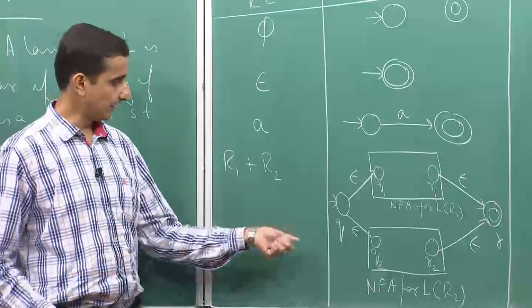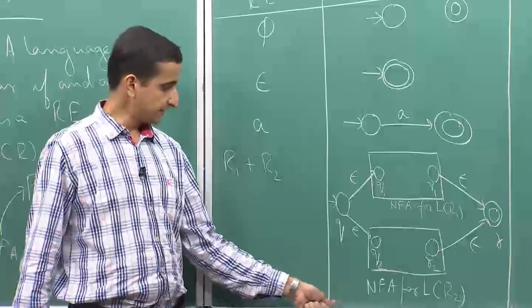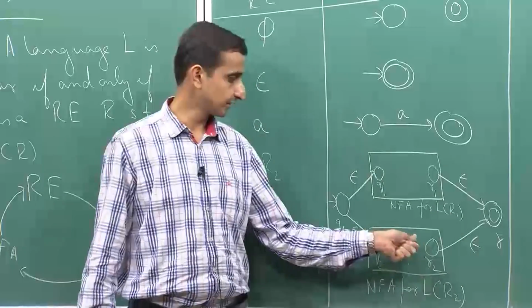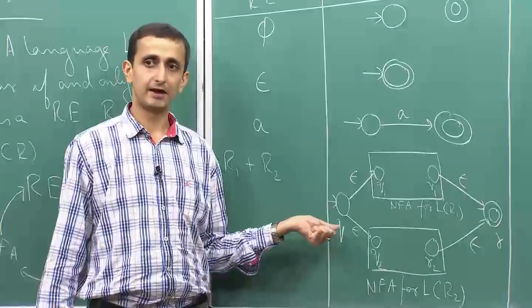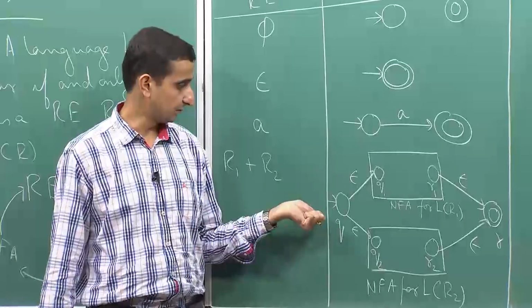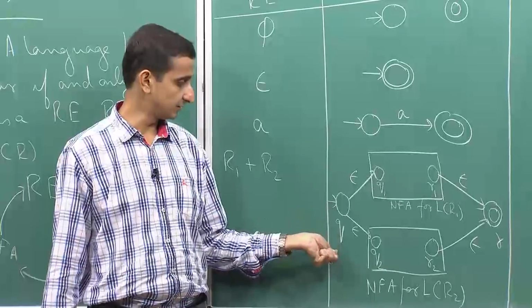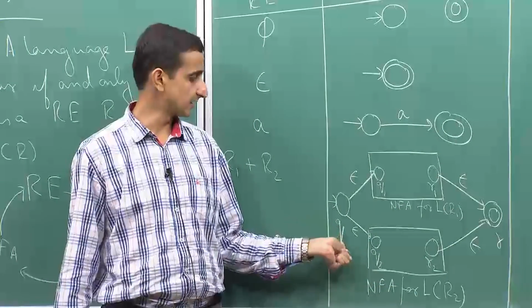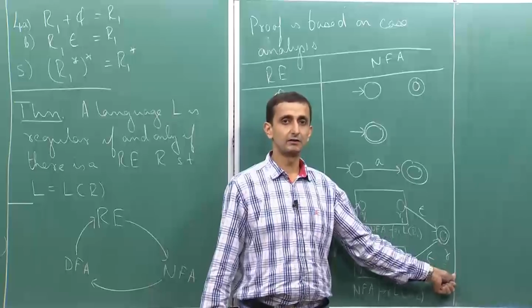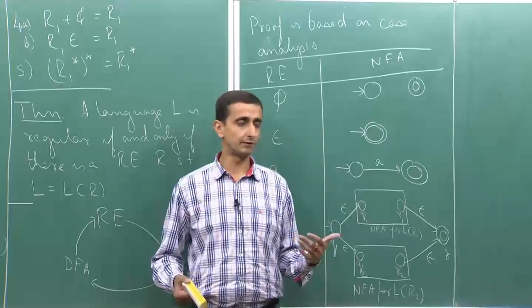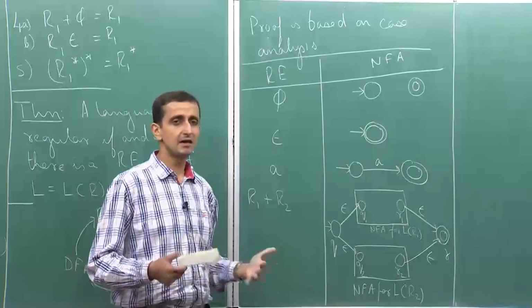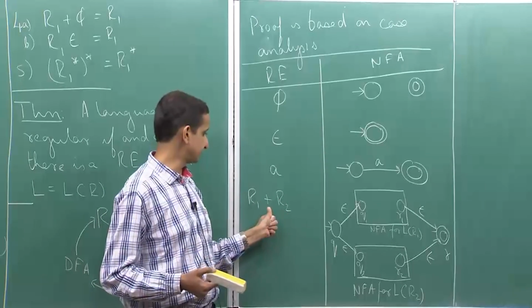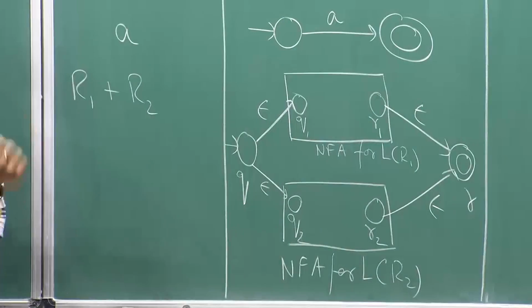So, if you look at this NFA, every string that is in either L of R1 or in L of R2 is accepted by this NFA. To maintain our assumption, this entire NFA has a unique start state and a unique accept state. So, we can keep building it recursively. Starting from these three base cases, I can build an NFA for a regular expression which has the plus operator in it.